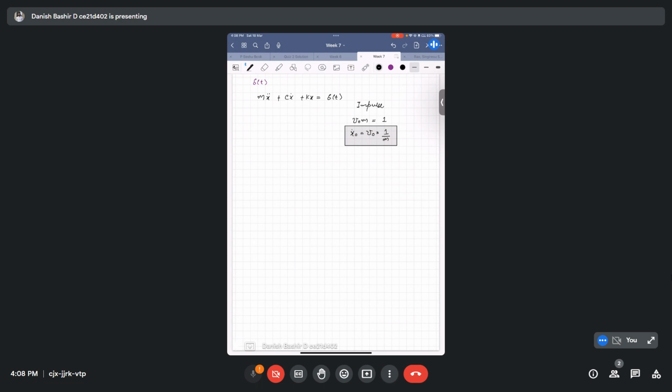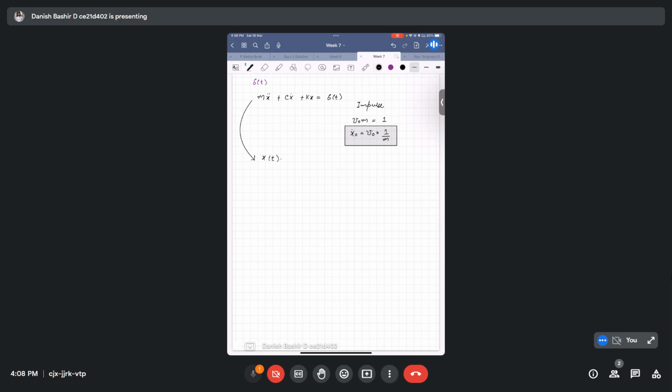Okay, so for this, we already know that its solution will be like this. X of t, for this we already deduced the solution.